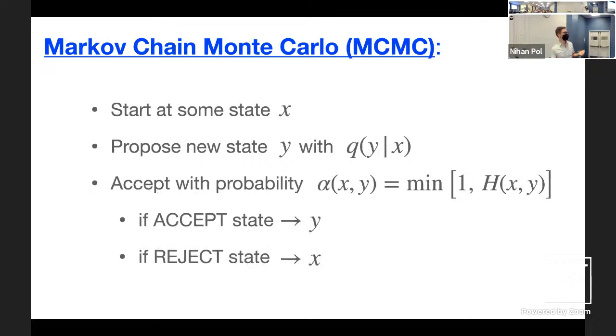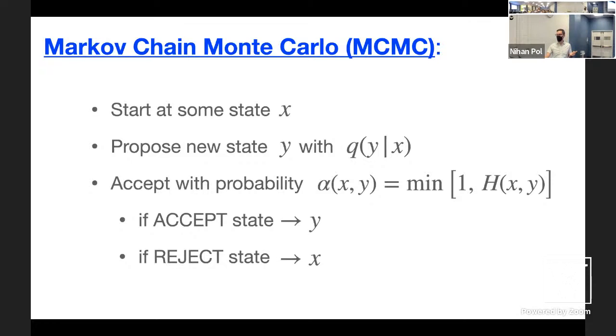And then you have a choice to make. You're going to accept this new state Y with probability alpha. So if the Hastings ratio is greater than 1, for example, then alpha is 1. Then you're going to accept Y as a new state of the chain.